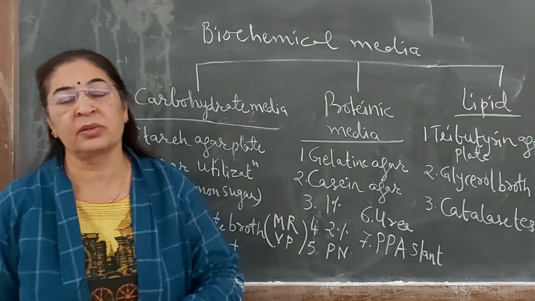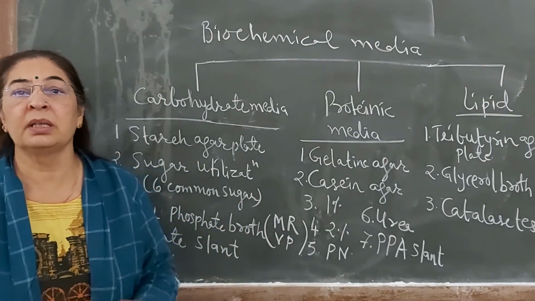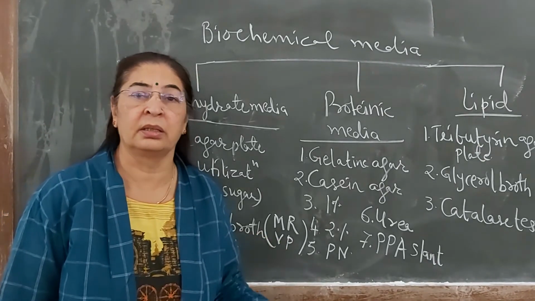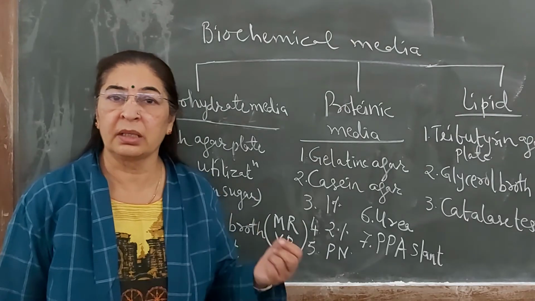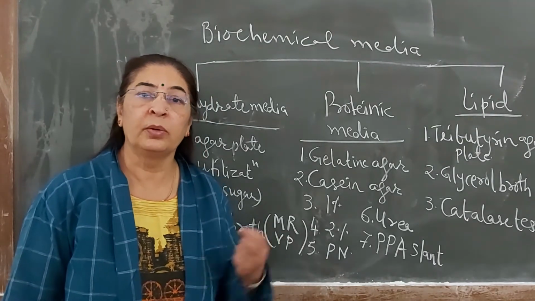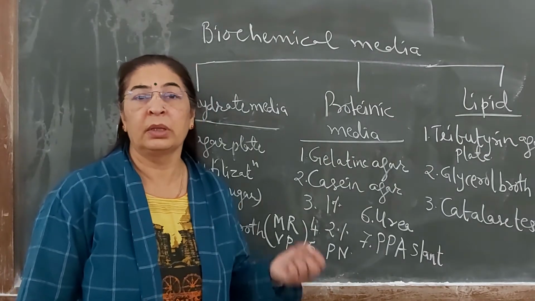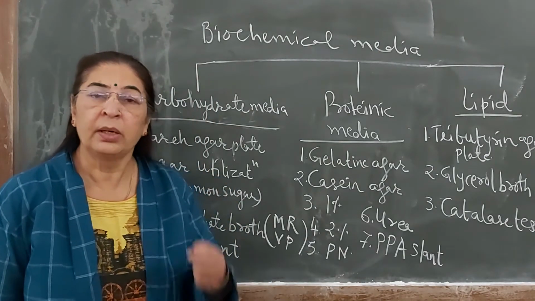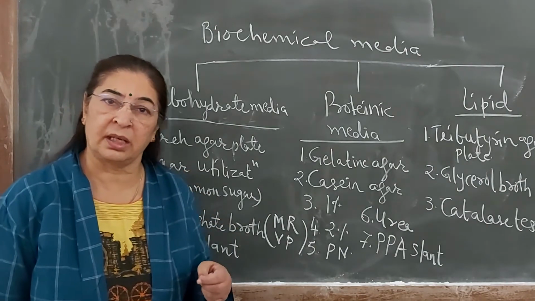If it is the case of a patient, which organisms are present in the urinary tract infection that occurred to the patient, or what are the organisms present in the blood or sputum or in the urine or in the pus formation. So we want to identify the organism on the basis of different characterization.